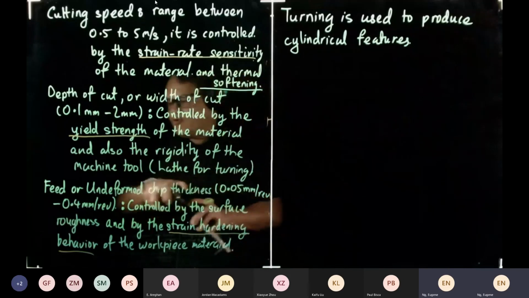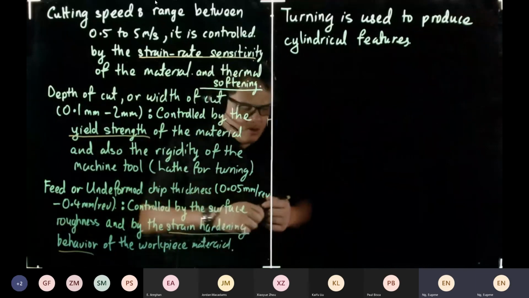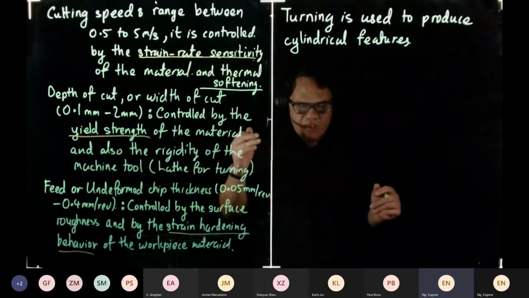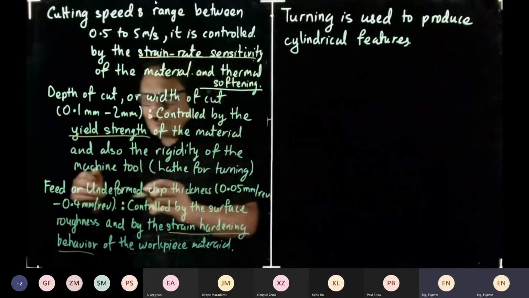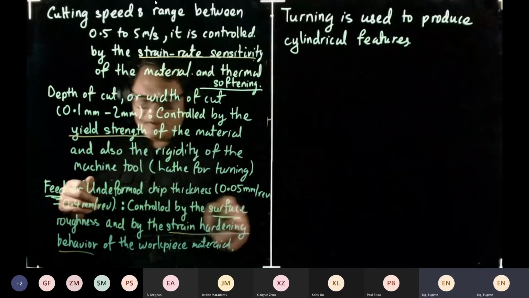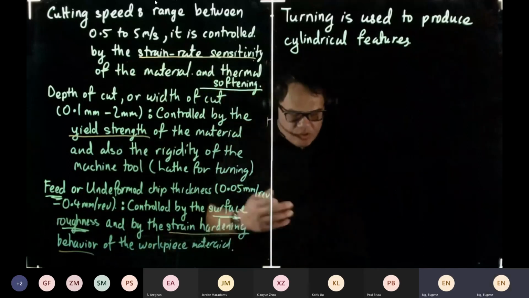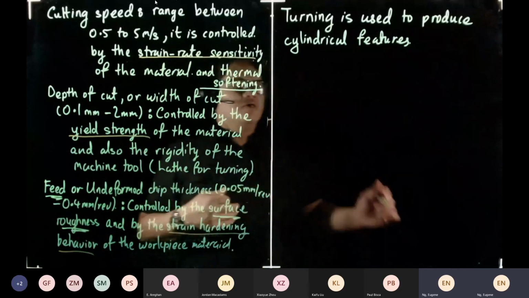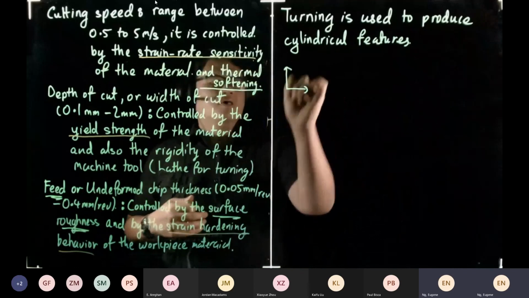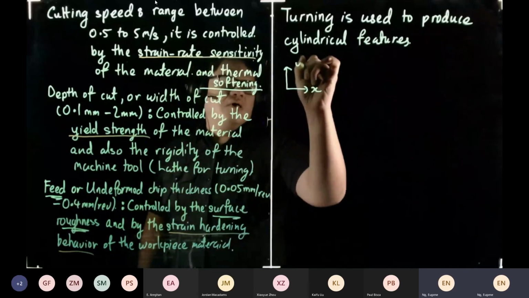Now, if we were to view from another view, not the front view, but the side view. What I'm trying to do is highlight why the feed can control the surface roughness. So if we now draw our transformation, relative to what we have drawn before, we are now viewing this x and y.